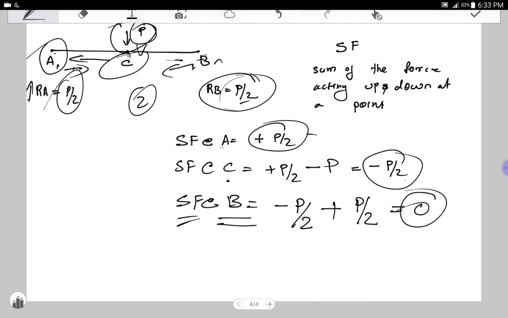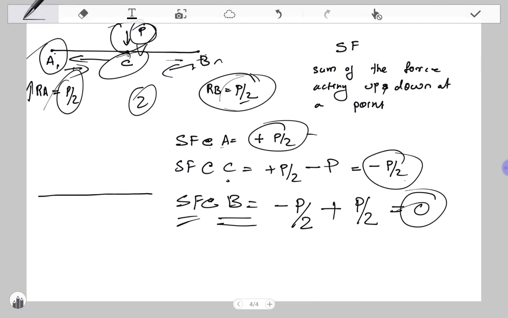Okay, let's draw a straight line representing A and B. The positive forces will be plotted above and negative forces will be plotted below the line. So this point is C, where the load is acting. So SF at point A is positive P by 2, somewhere over here. Just assume this is the value and write it as P by 2.